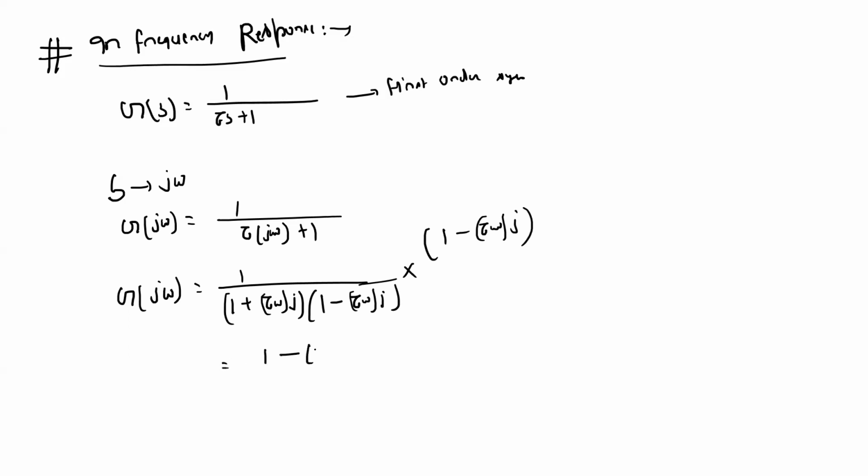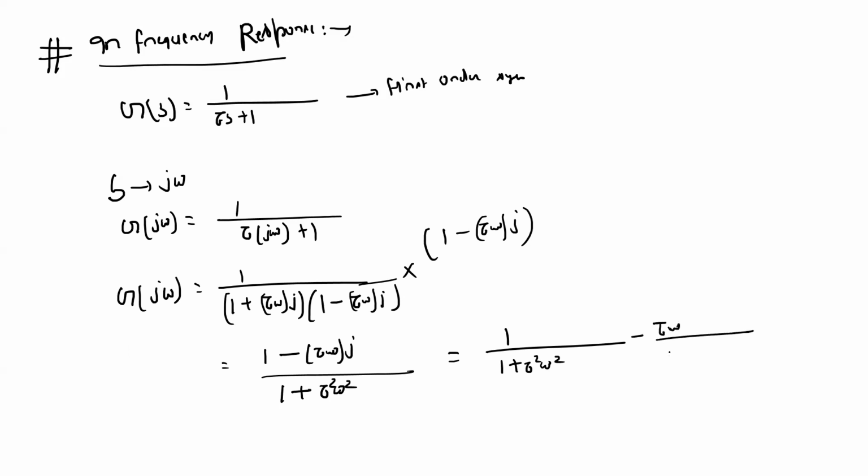So I can write 1 minus tau omega j divided by 1 plus tau square omega square. Again I'll separate the real and imaginary parts: 1 upon 1 plus tau square omega square, minus tau omega divided by 1 plus tau square omega square, multiplied by j. This is in the form a plus or minus jb.